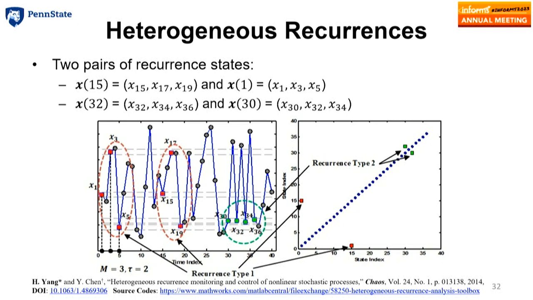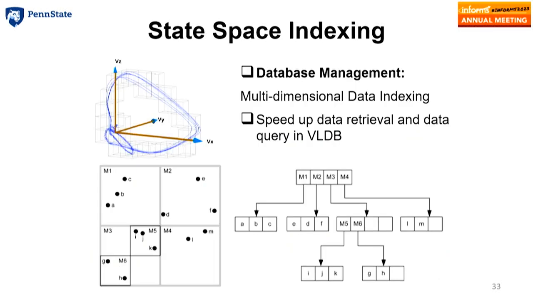Then we came up with a new idea, which is called space indexing. We want to see which area my system is evolving into, and count at that specific area how many recurrences we have, the degree of recurrence.